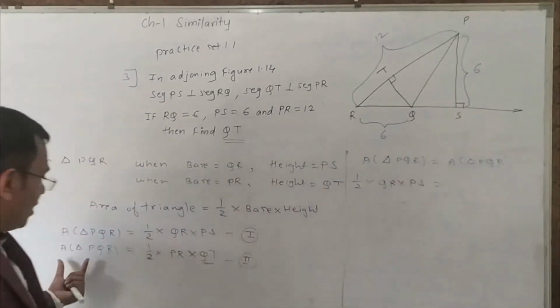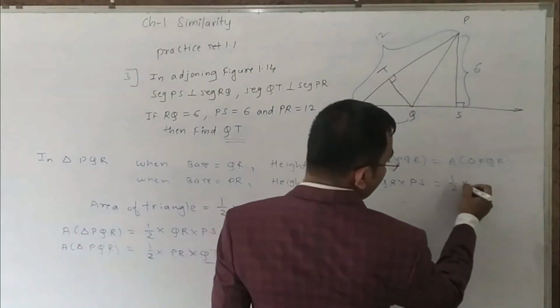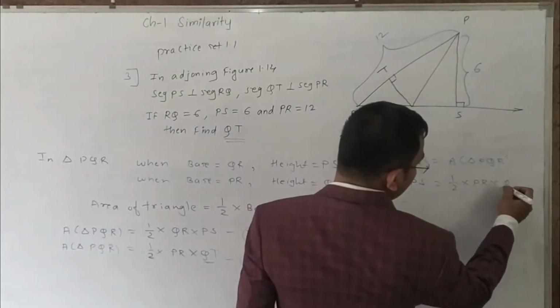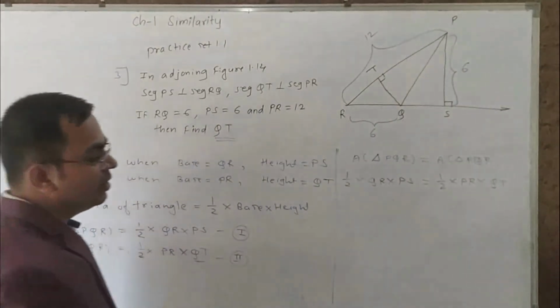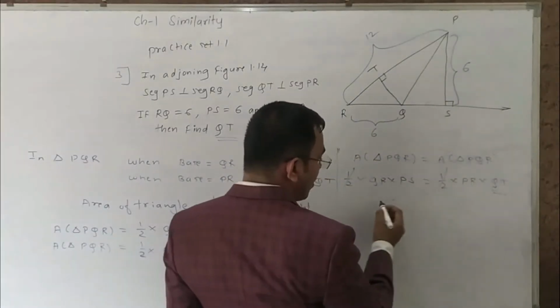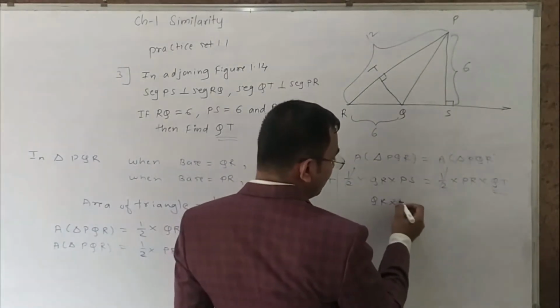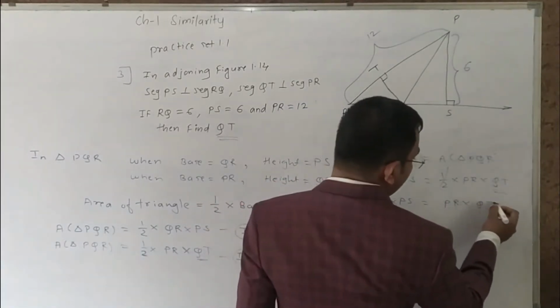Then again area of triangle is half into PR into QT. Now put the values to get QT. So this half will get cancelled. What remains? QR into PS is equal to PR into QT.